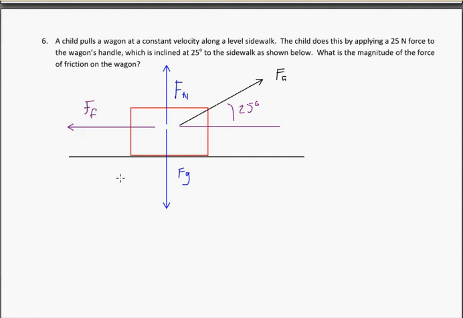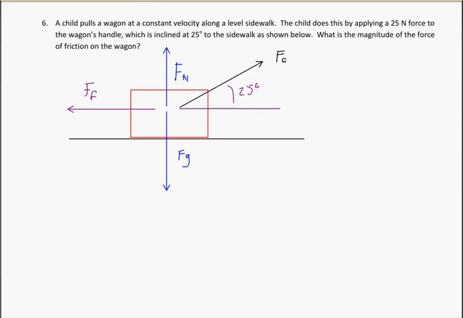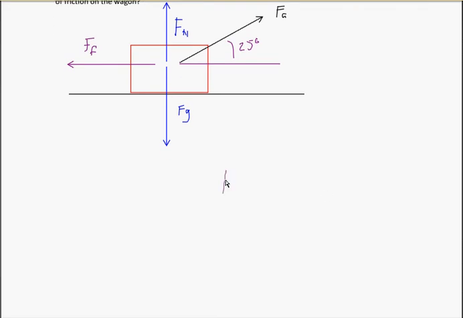Okay, so we've got 4 forces acting on this thing. The thing to remember, guys, is this. I always like to divide my paper. I'm going to scroll down a little bit. It's at equilibrium, so that means our F net equals 0.